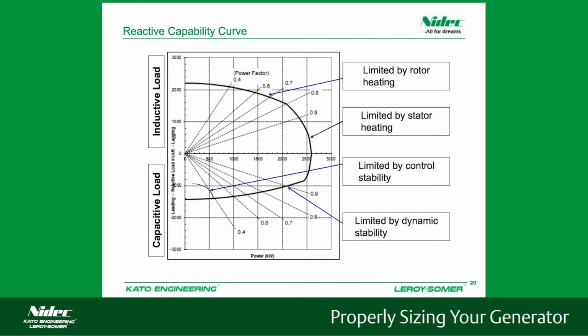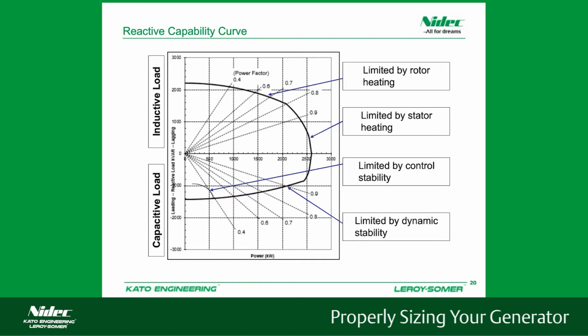This is because as you become more inductive in your load, you have more flux traveling back into the rotor against your field, which drives a higher rotor current. So this is going to increase our rotor heating. So we need to dial back the load that we output to maintain that rotor heating.